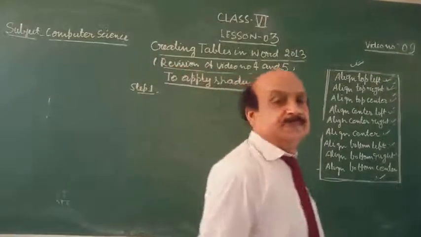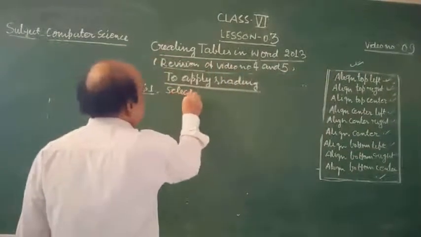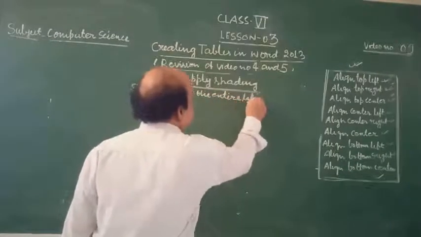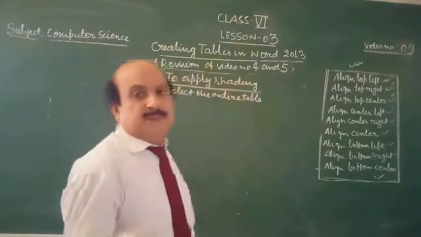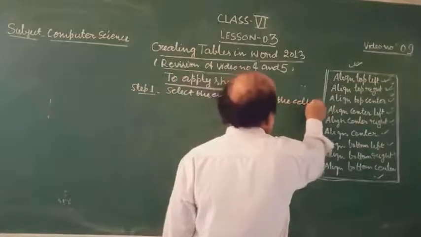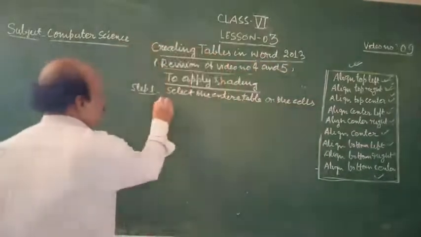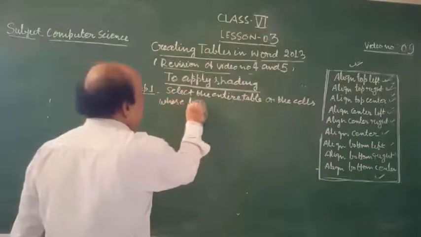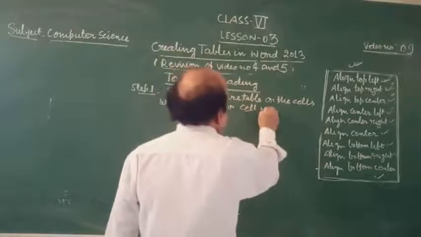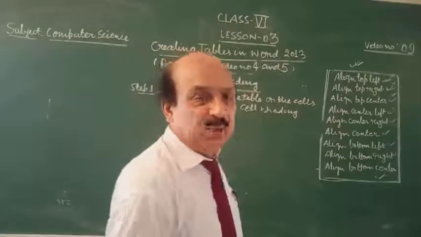Select the entire table or the cells whose border or cell shading has to be changed.